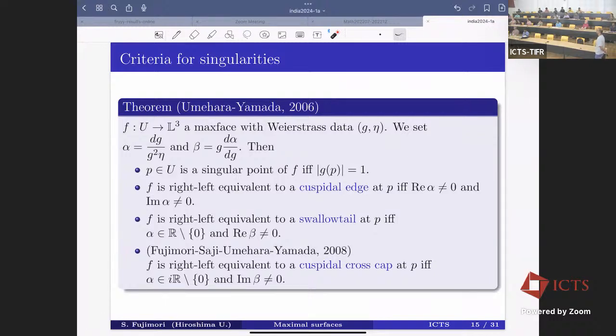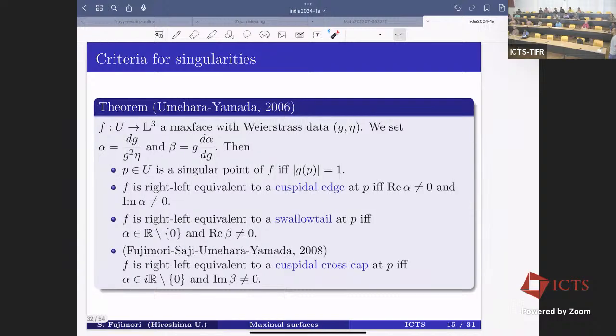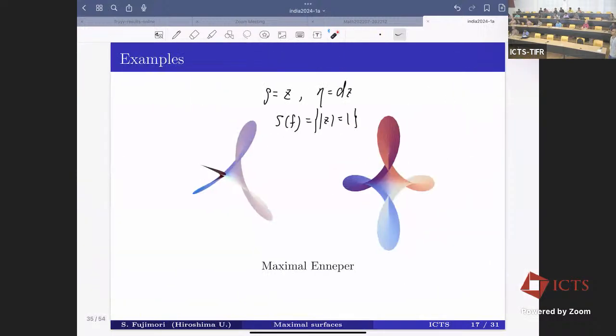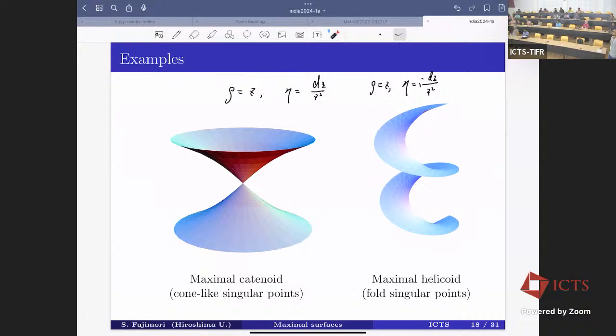So is that equivalent to the definition we have for completeness? Yes. But then the completeness is sometimes a problem. For example, the maximal catenoid is complete because the singular set is compact.